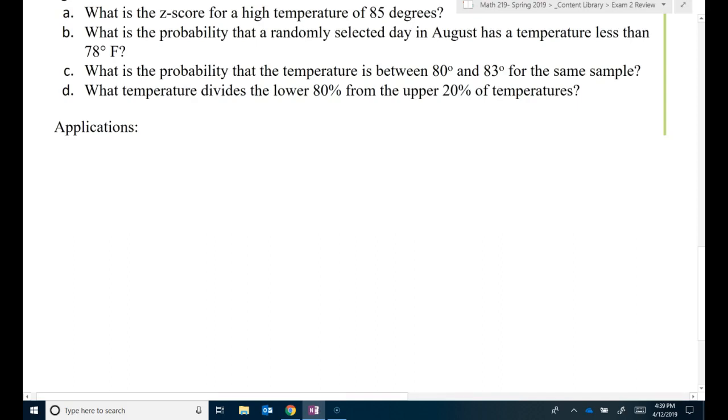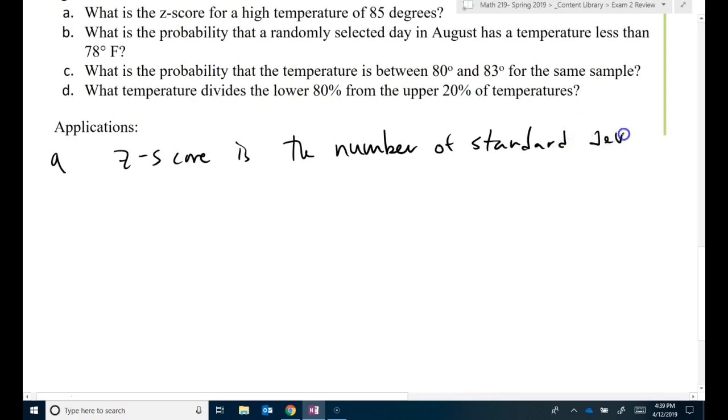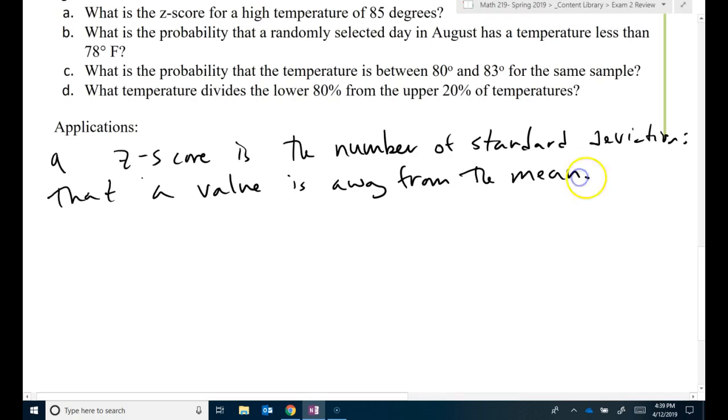So let's first talk about z-scores. A z-score is the number of standard deviations that a value is away from the mean. How we calculate it is z equals x, which is the value for the random variable, minus mu, the mean for the distribution, divided by sigma.